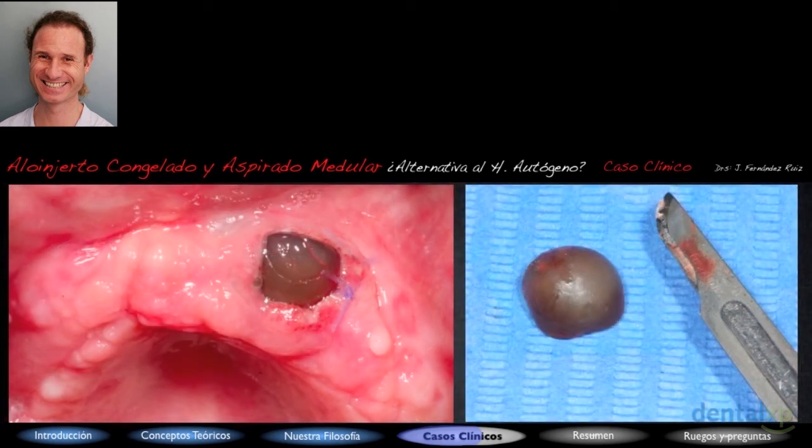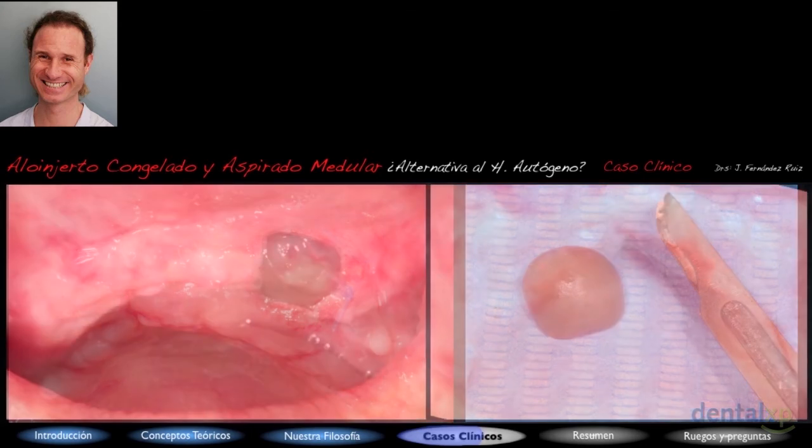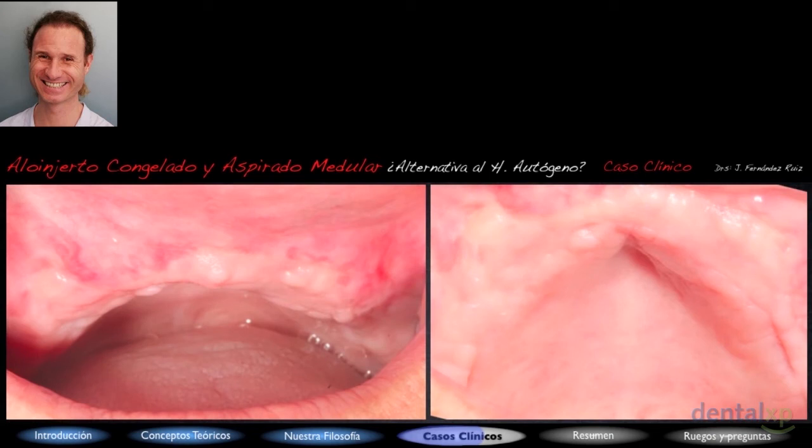And what happened was that we had a healing area or a scar, so we had to remove the expansor. So we did a new connective tissue graft. And this is what we had after 2 months of the tissue expansors and the connective tissue graft.